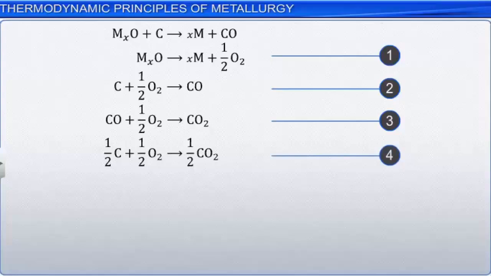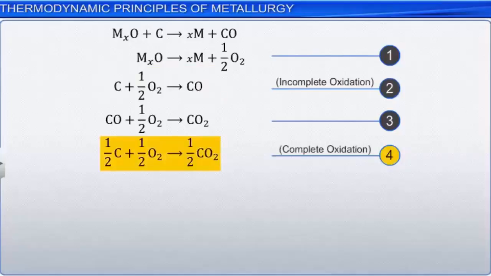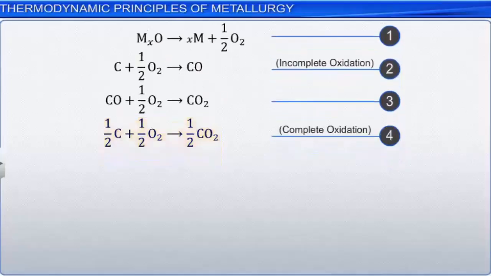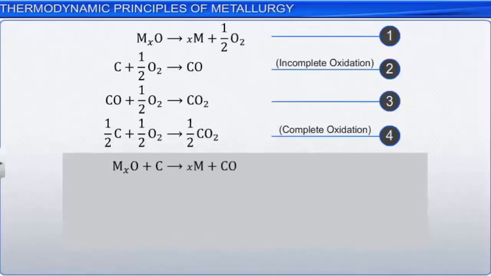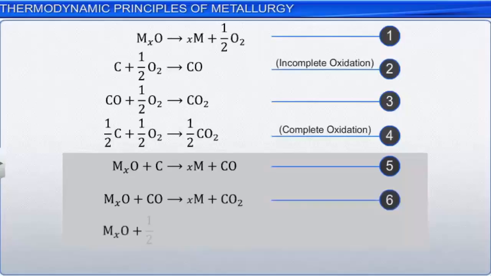As you can see, the second reaction represents the incomplete oxidation of carbon, while the fourth reaction represents the complete oxidation of carbon. The reduction of a metal oxide can thus be represented as MxO plus C gives xM plus CO, or MxO plus CO gives xM plus CO2, or MxO plus half C gives xM plus half CO2.